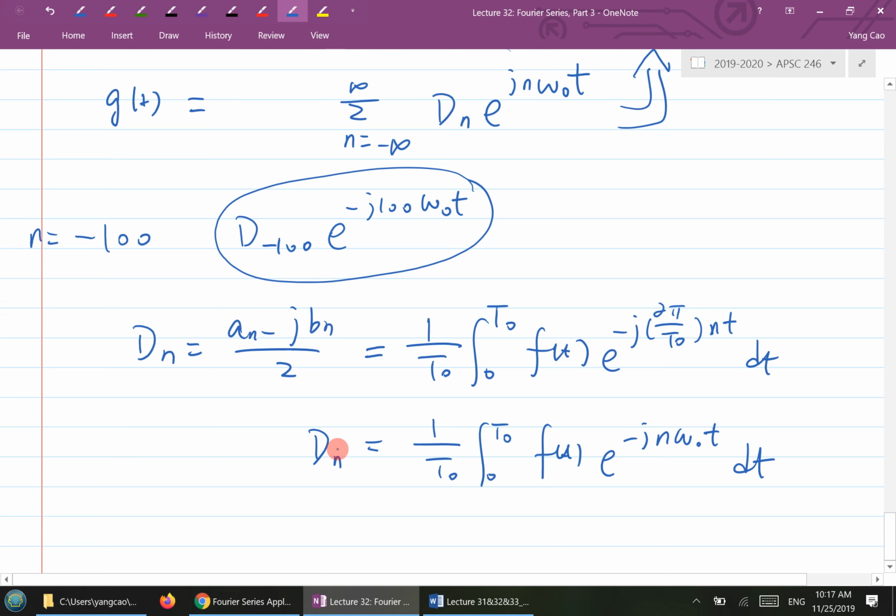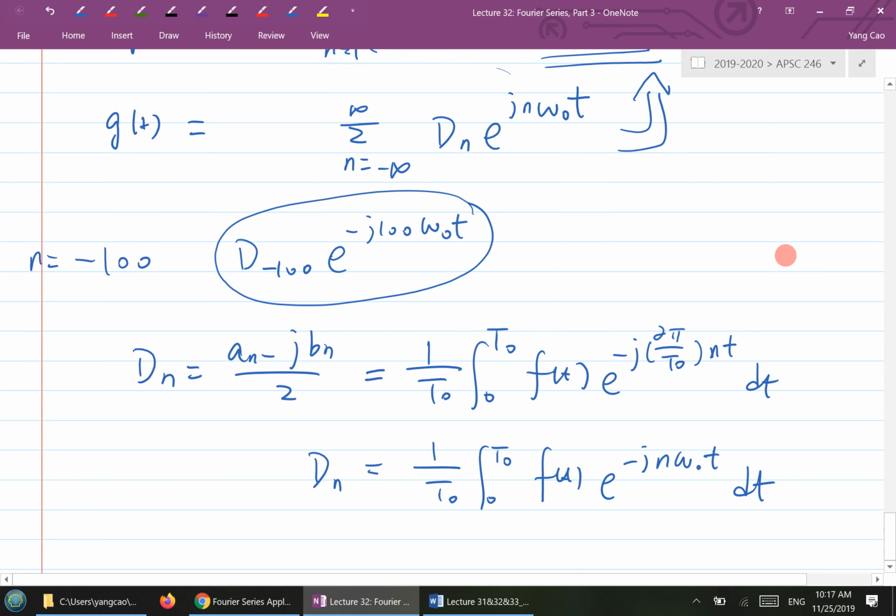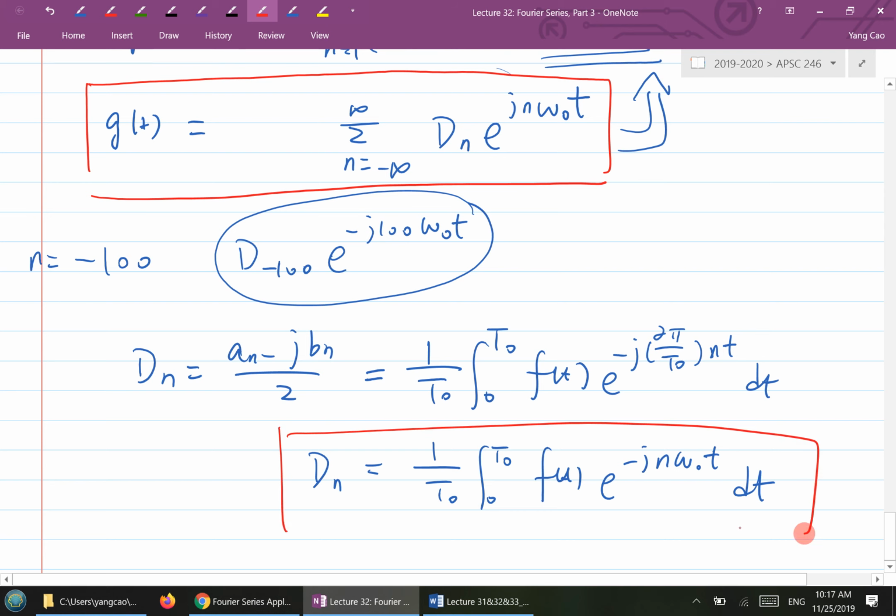This is basically your dn here. So this is the formula for the complex Fourier series, and dn can be calculated using this expression.